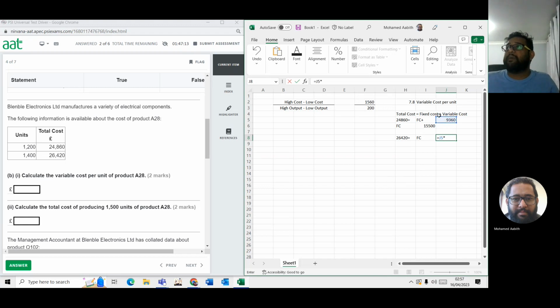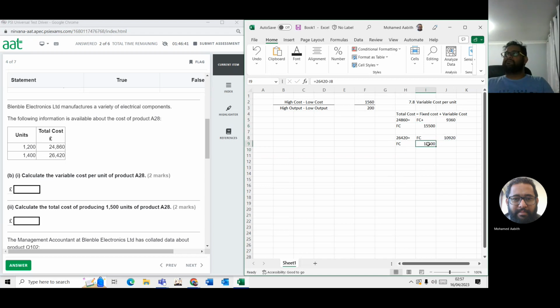This multiplied by 1,400. Okay, so that is going to be 10,920. So the fixed cost, again, we will prove it is correct, is going to be 26,420 minus that figure we calculated, and that's 15,500.